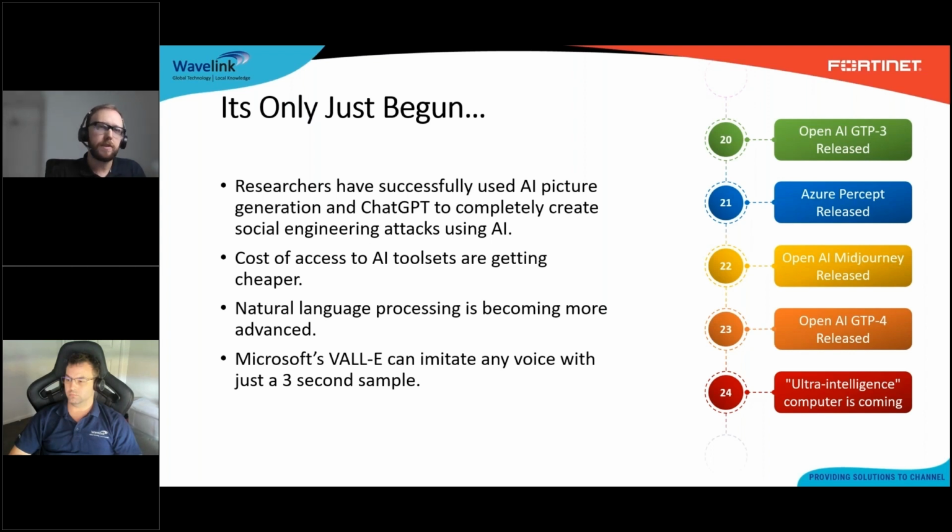Another example is that Microsoft have recently released an AI solution called Vall-E, which allows you to imitate a voice to a surprisingly convincing level with just a 3-second sample. And it's only a matter of time before tools like these are used as part of social engineering attacks in combination with existing solutions.